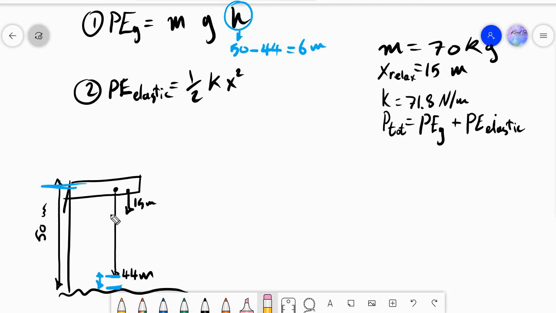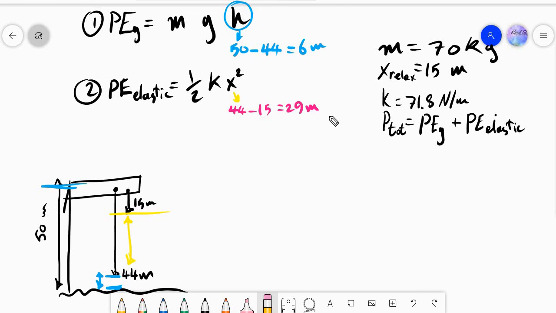The x here is the stretched distance. How much did he stretch? From 15 to 44. It means x here equals 44 minus 15, which is 29 meters.